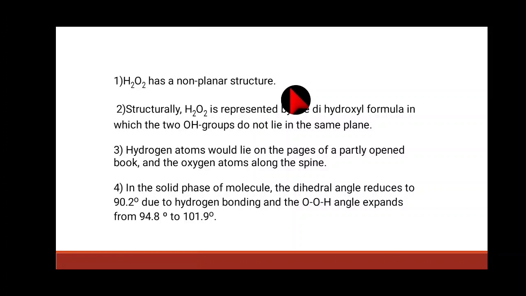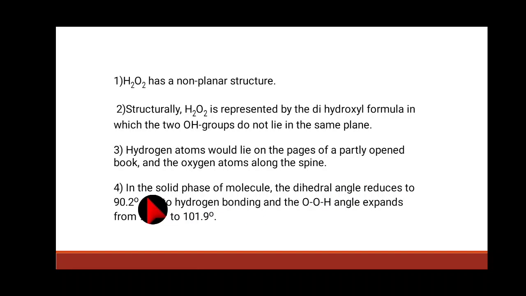From the model, in gas phase and solid phase, we can write down the points. It has a non-planar structure. It is represented by the dihydroxyl formula in which the two OH groups do not lie in the same plane. Hydrogen atoms would lie on the pages of a partially open book and the oxygen atoms along the spine.